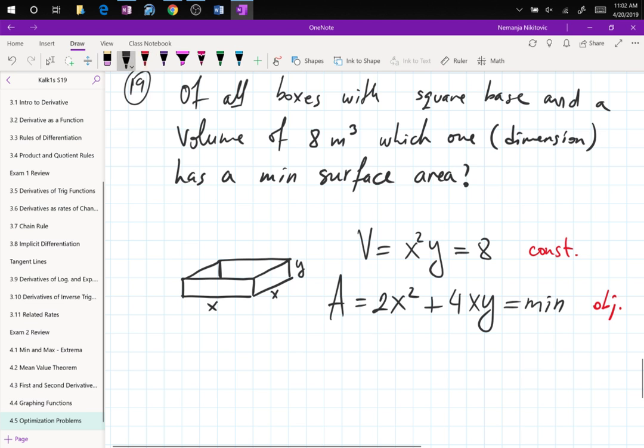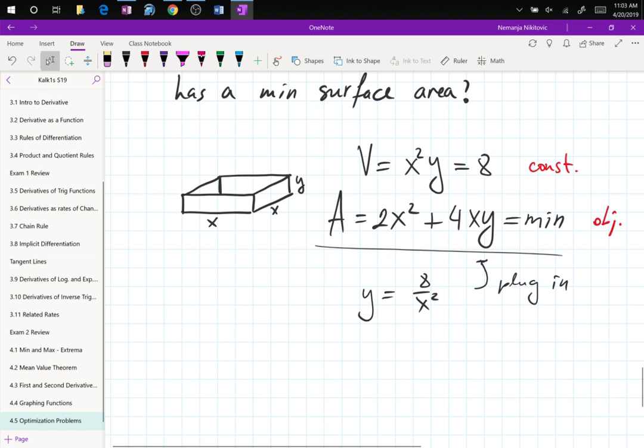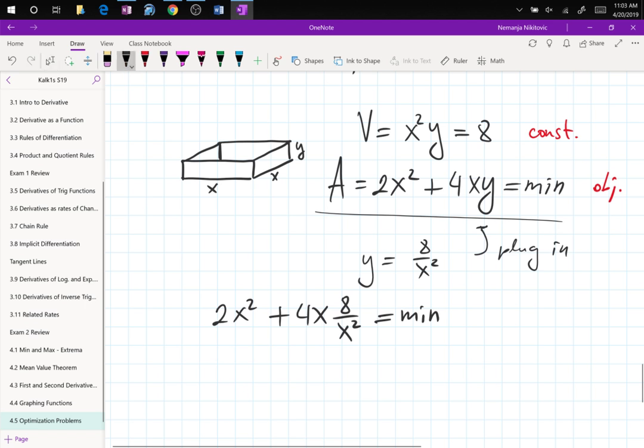So now we solve for y as 8 over x squared, and we plug it into the objective function. So 2x squared plus 4x times 8 over x squared is equal to a minimum: 2x squared plus 32 over x equals a minimum.